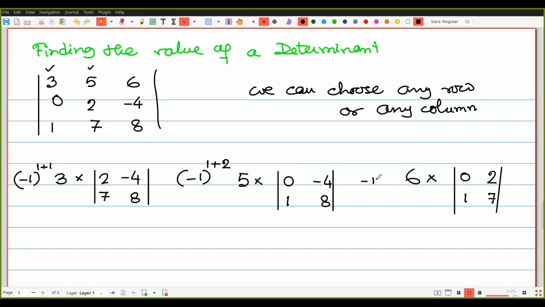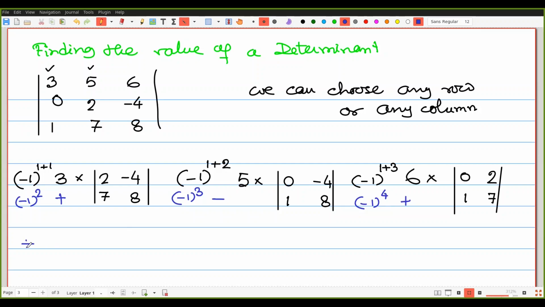For 6, minus 1 whole to the power its row position plus its column position. Obviously, minus 1 whole to the power 2, that is plus. For minus 1 whole to the power 3, the value is minus. Minus 1 whole to the power 4, the value is plus.